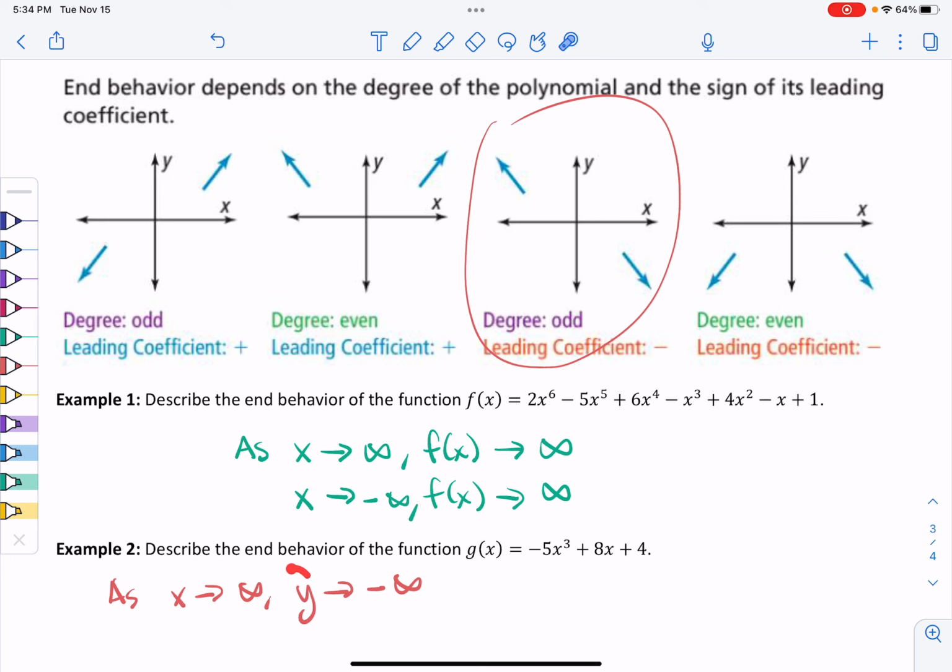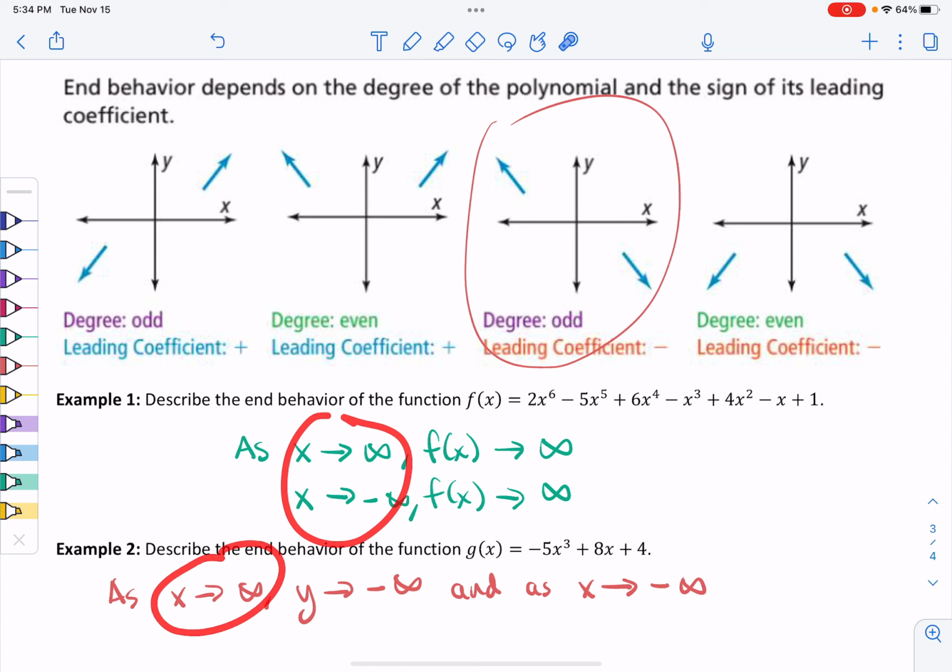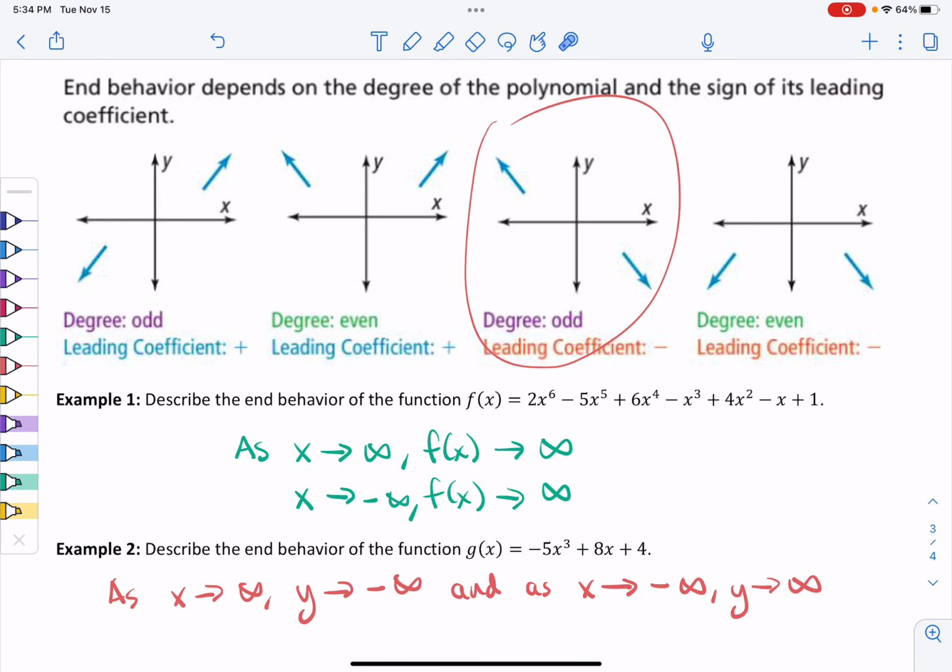If I were writing, instead of y here, I would write g of x if I wanted to write my function name. And as x goes to negative infinity, notice we always have these two, as x goes to positive and x goes to negative. That's how we're matching it up. Y goes to positive infinity. We're going up. All right.